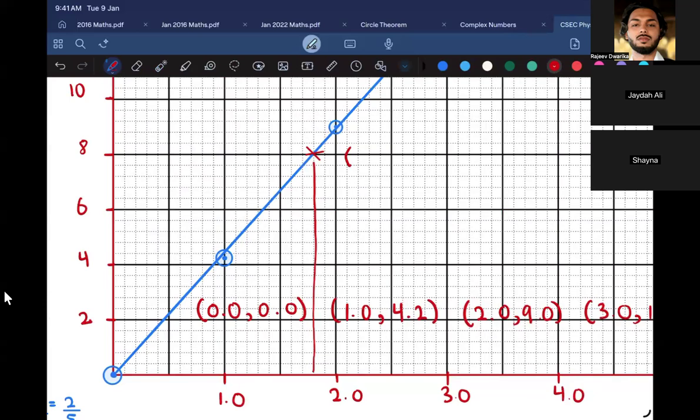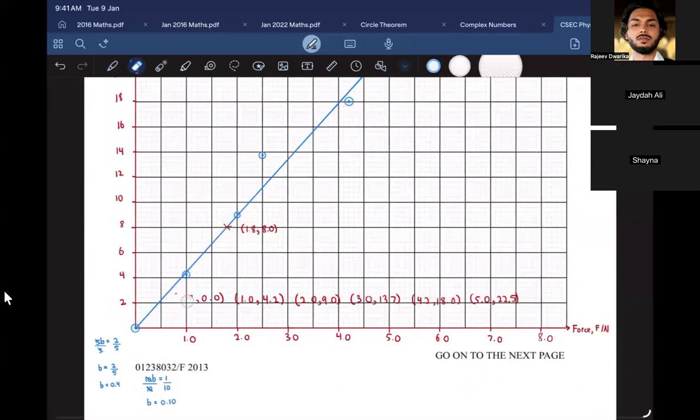Yeah, 1.8. And what would the Y value be? 9.2. Are you sure about that? I think no, 8.0. Correct, I was looking at the other one.